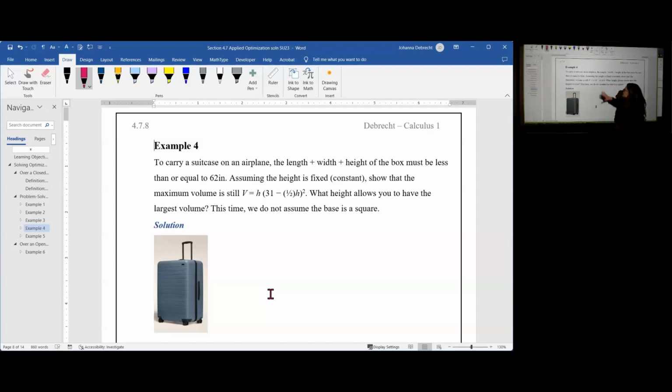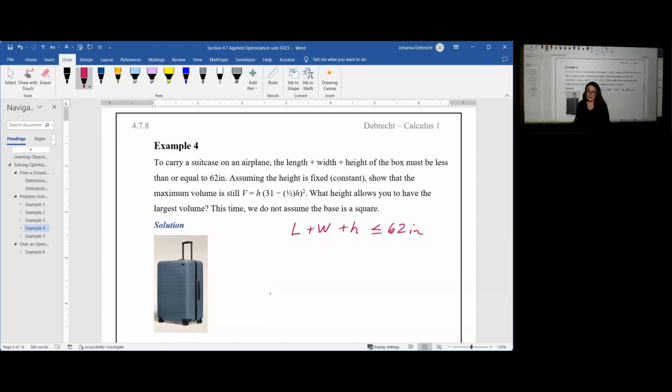Let's go ahead and break down what we have and represent it on the picture and in words. To carry a suitcase on an airplane, the length plus width plus height of the box must be less than or equal to 62 inches.